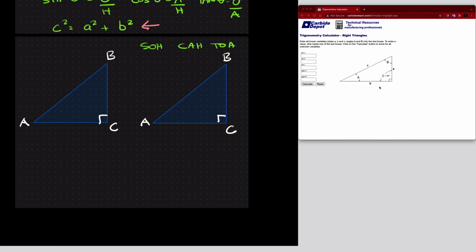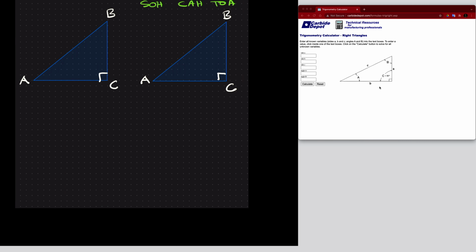So with the website that we have here, remember, so far all we have done is taken a look at triangles that are given 2 different sides. On this triangle, directly across, which would be opposite of the 90-degree angle labeled as C, would be side C, labeled with a lowercase c.